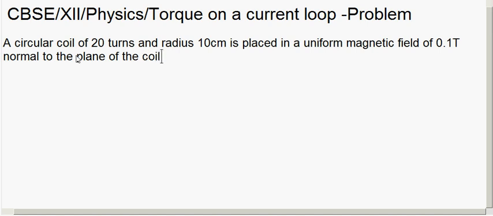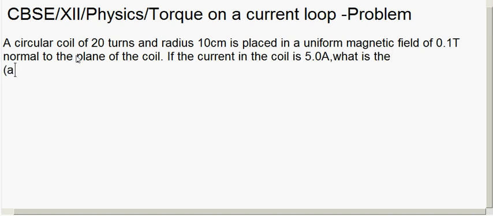If the current in the coil is 5 ampere, what is the total torque on the coil?